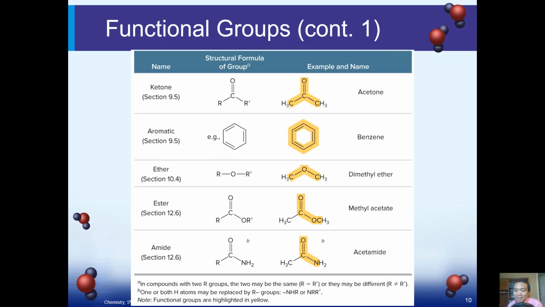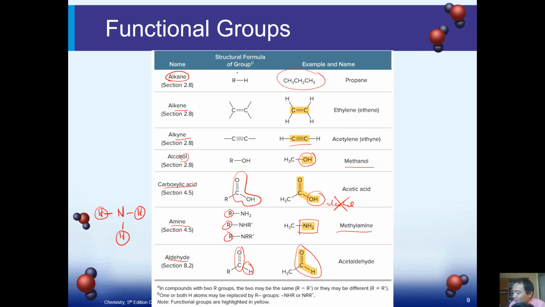Let's look at the next one, ketone. As you noticed, the CO double bond itself does not clarify which kind of functional group this is. As we can see in previous examples, look at carboxylic acid. This has a CO double bond, and aldehyde, you have a CO double bond.